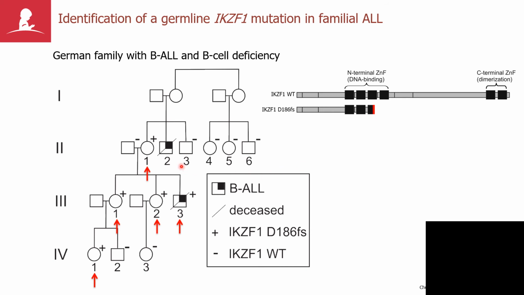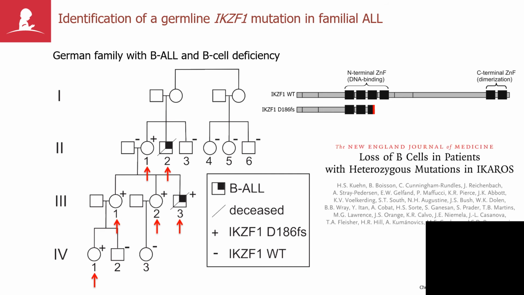The same mutation was identified in his uncle, who also had leukemia, and a number of relatives, so his mother, siblings, and a niece, who all carried this Ikaros mutation. And similar, but not identical, other germline alterations of Ikaros have also been found to define immunodeficiency and low B cell number, and indeed several of the relatives of the proband also had features of immunodeficiency.